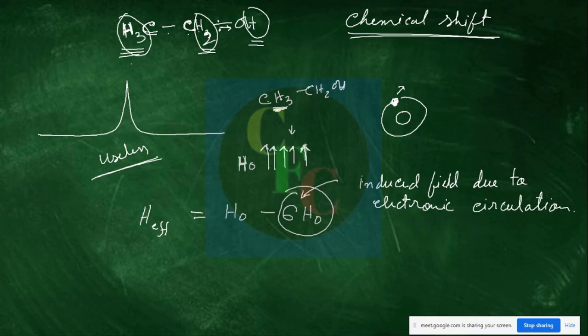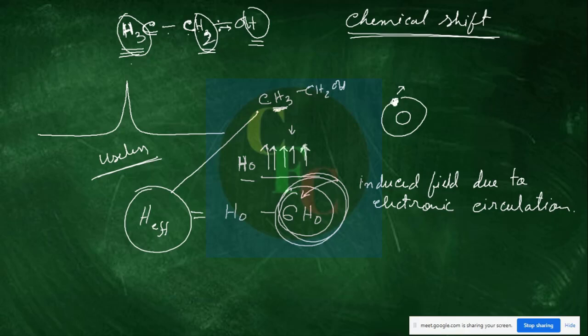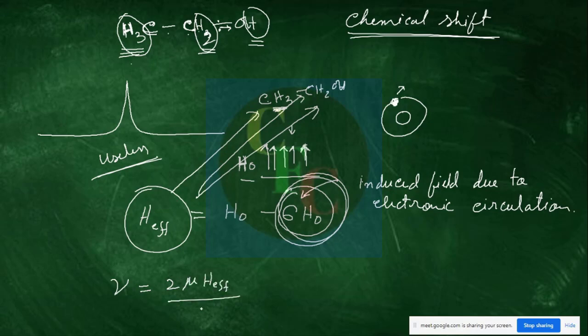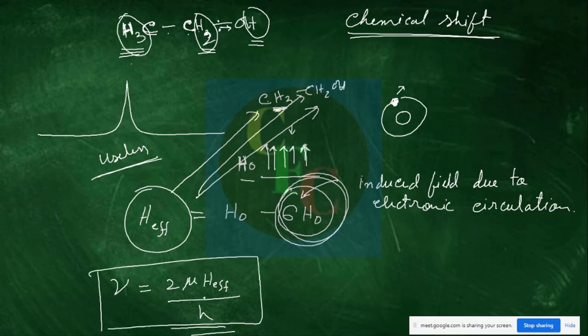As such, what changes? The external magnetic field is constant. What changes is this one. Now as this changes, this also changes. So this is different for different protons. As such, we have different nu, because nu is equal to gamma H effective by 2 pi, so this also changes.